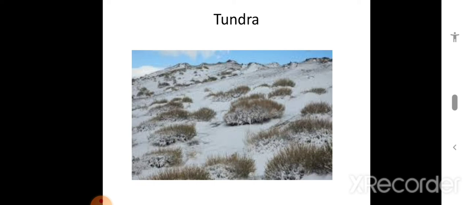You already know what is meant by precipitation. Precipitation means rainfall, but we cannot see normal rainfall in the tundra region; we can see precipitation only in the form of snowfall. You can see this tundra picture. All the part is covered with ice sheets. Continental glaciers are continent-sized masses of ice.